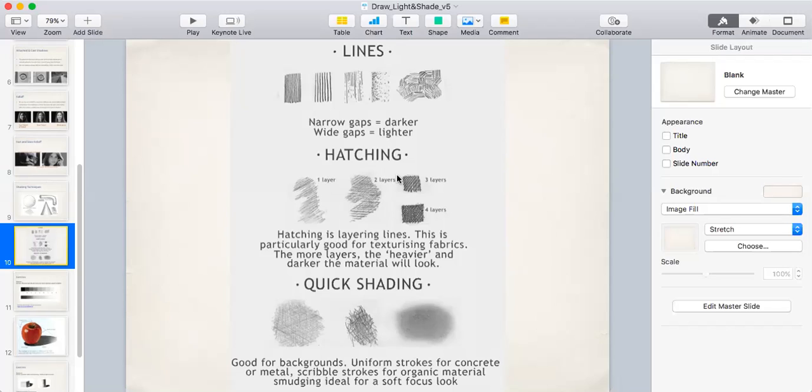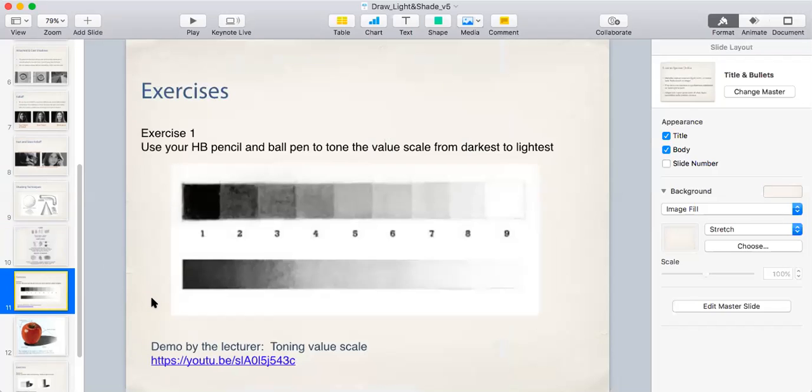If you give more lines, more densely together, it will give a darker surface. And if the lines are wider apart, it becomes lighter.